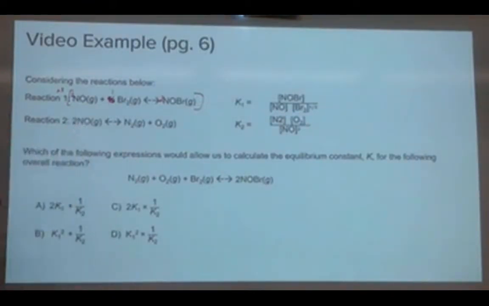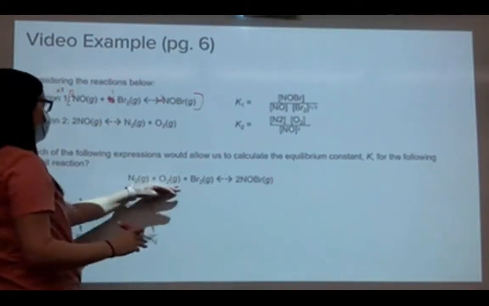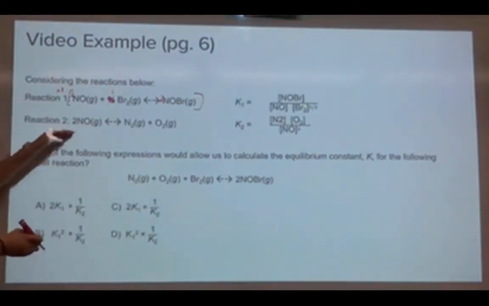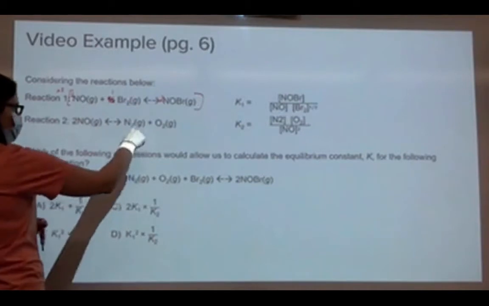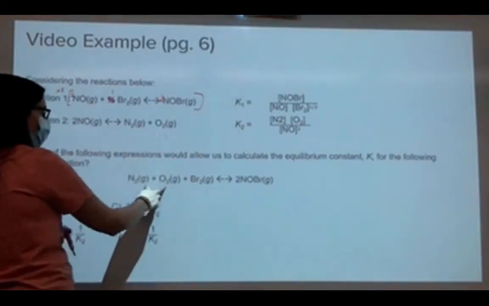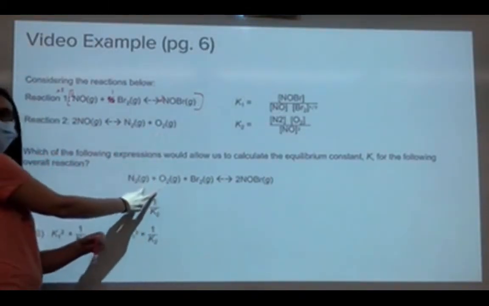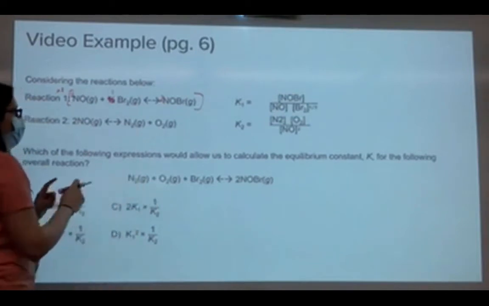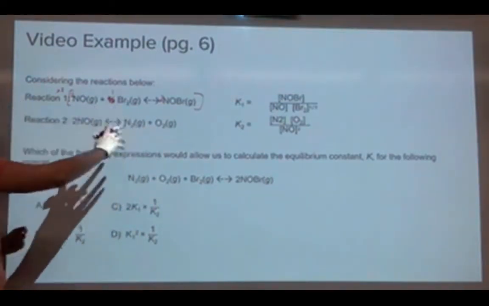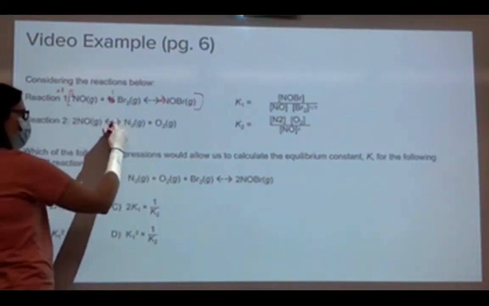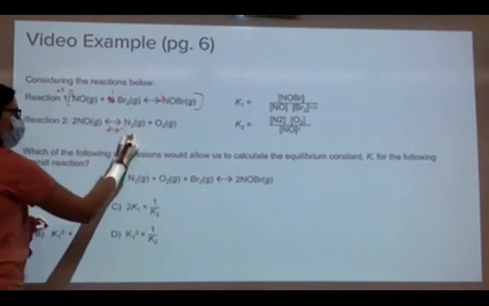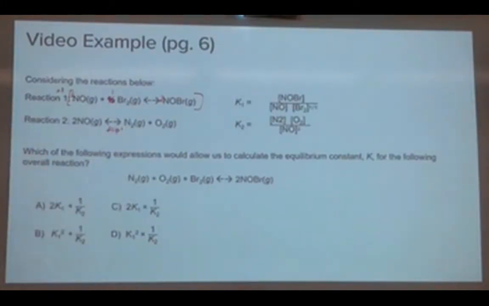For reaction 2, I don't see NO anywhere in the overall reaction, so I'm not going to look at that. But I do see that N2 and O2 are reactants in this equation. I need N2 and O2 to be reactants in the overall reaction, so I need to flip the reaction.